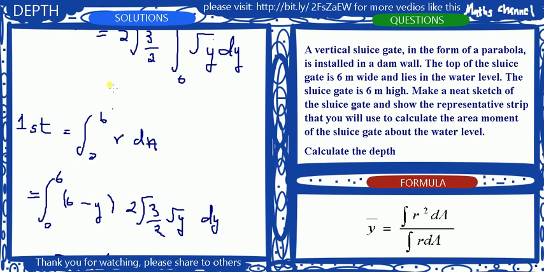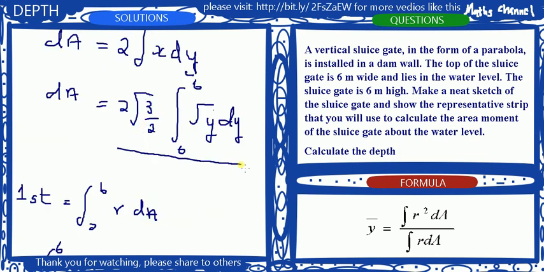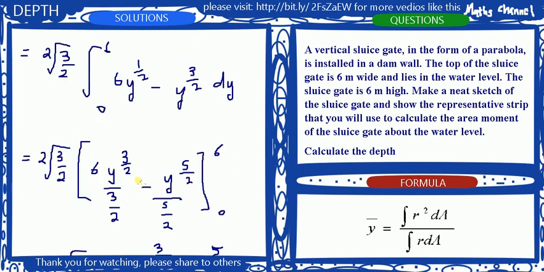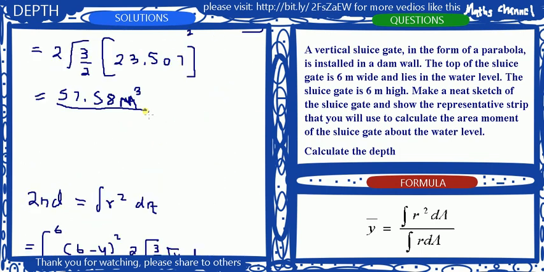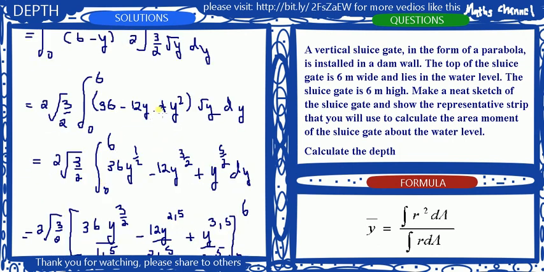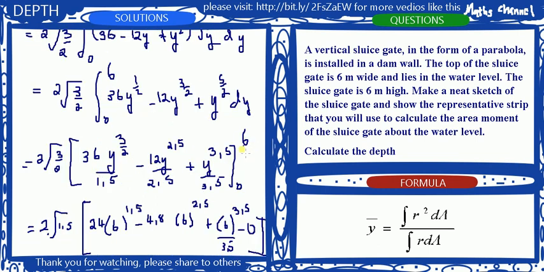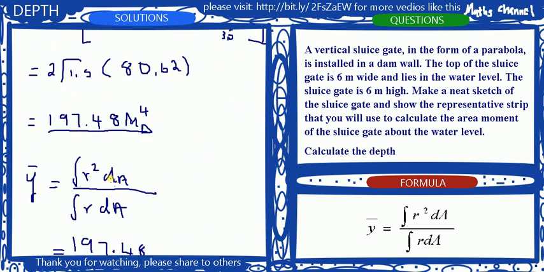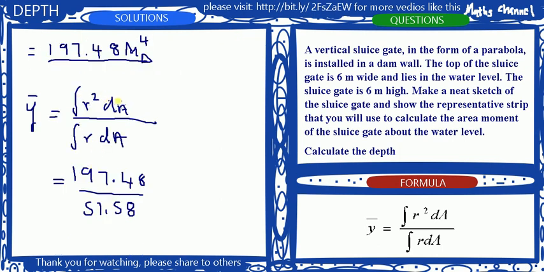I already made the equation for the area, which is this one, and then you integrate, substitute the value of the limits, and then after you get your first moment and then second moment, you square it, and then you expand, multiply, integrate, evaluate the values here, and then find the value of your second moment. After you substitute, you put the second moment on top of the first moment, and then you find your depth.